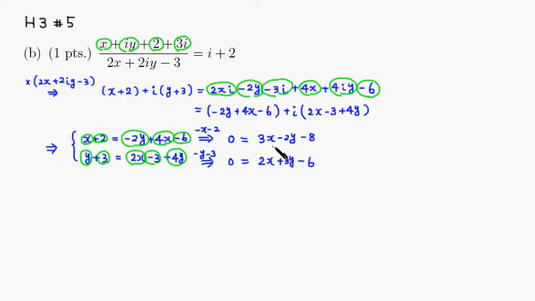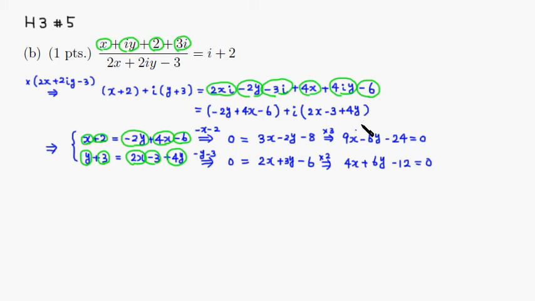I'm going to multiply the first equation through by 3: 9x minus 6y minus 24 equals 0. Then I multiply the second equation by 2, so we get 4x plus 6y minus 12 equals 0.